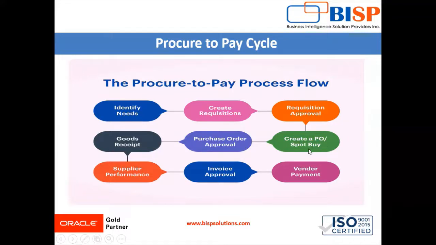Under this purchase order, we define the supply side, all the supply related information. And we have to edit the items and the item price under the purchase order. These purchase orders should be approved by the concerned person.